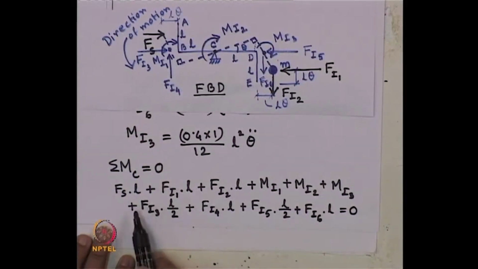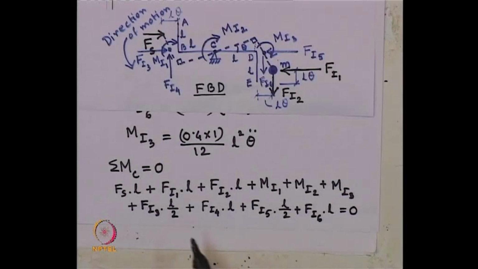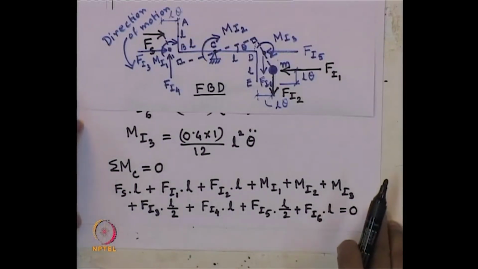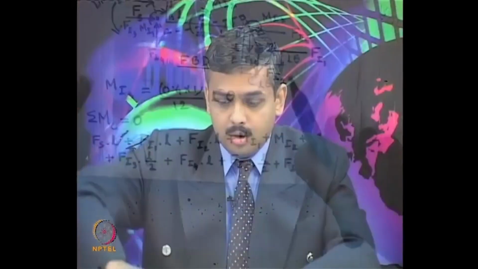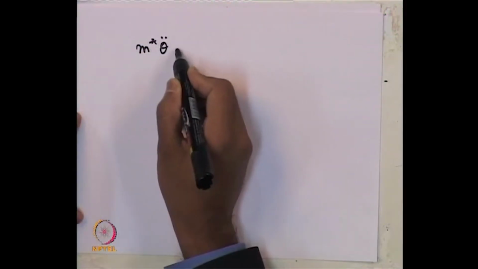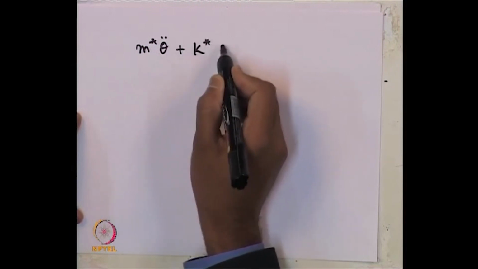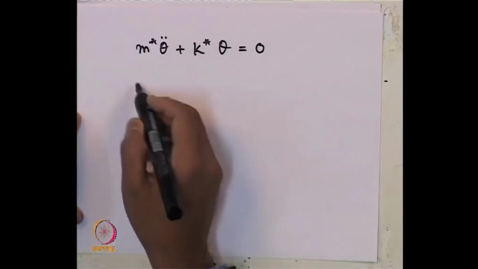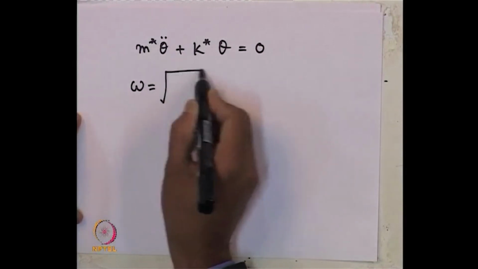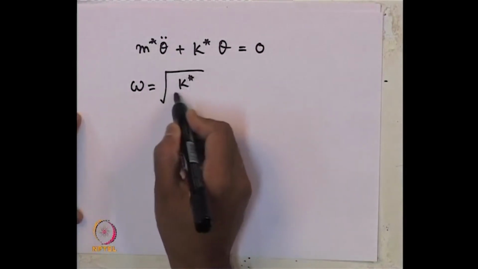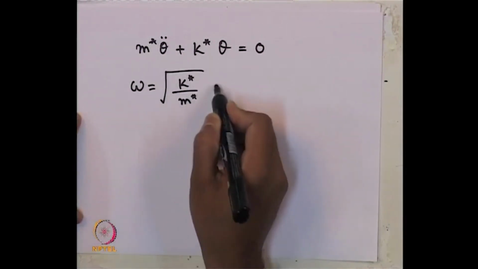Now, all the expressions for these forces are known to us. So, we can put them in this expression and then we can put it in our canonical form of m star theta double dot plus k star theta equals to 0 and then compute the natural frequency, root over k star by m star.